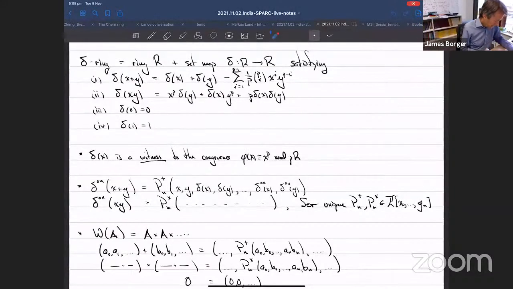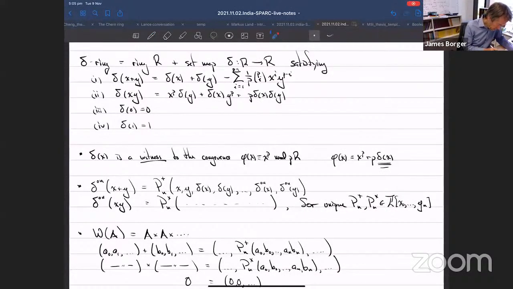And recall that the delta x, I don't think I used this term last time, but I think it's a nice term, is a witness to the congruence, because phi of x is x to the p plus p delta x. So somehow it's a witness to the congruence.